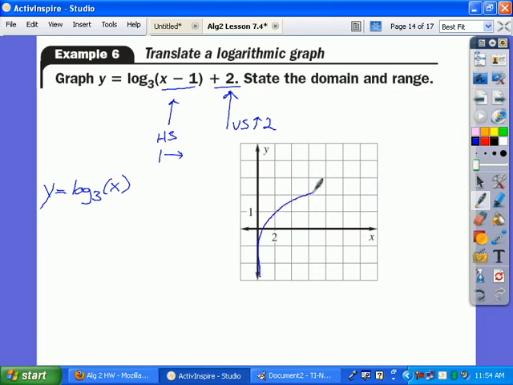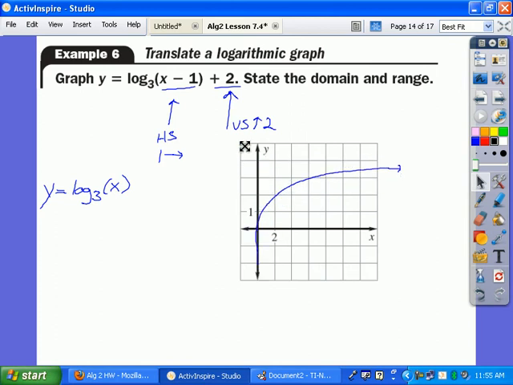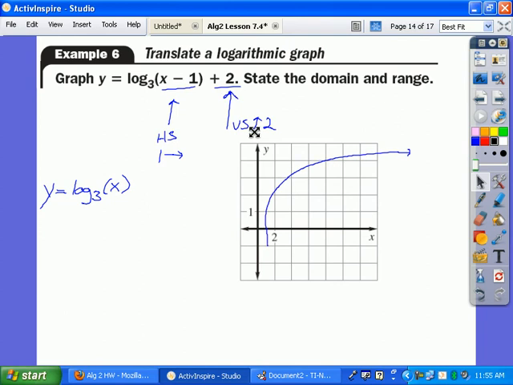I take it 1 unit to the right, which on my graph, each line is 2 units, so I only went half of that. Now, when I moved it horizontally, I also moved this asymptote. So now there's an asymptote right here. And of course, the graph is going to keep coming down.